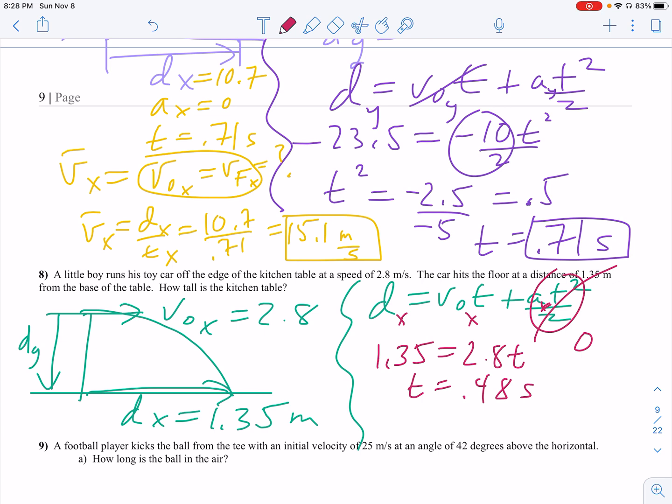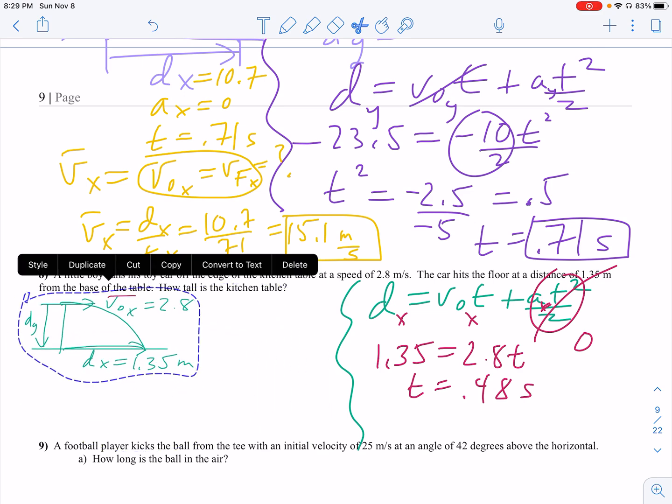Now, why am I finding time when they're asking for the height? Well, I need to find time before I can find anything. So I use the x values because I have more information about the x values. So now I'm going to use my y values. Let's shrink this down so I got a little more space here.